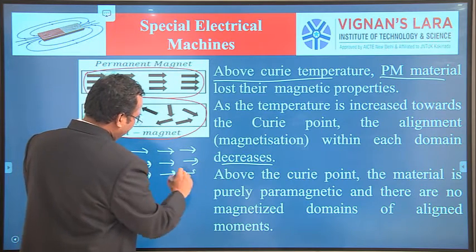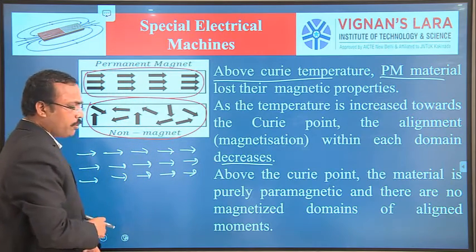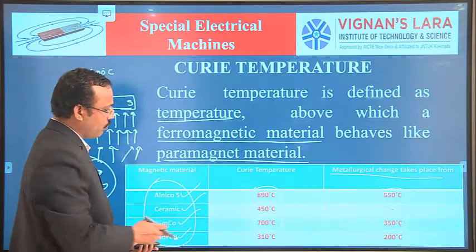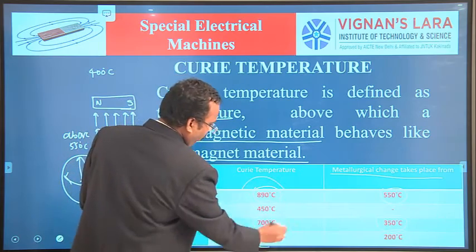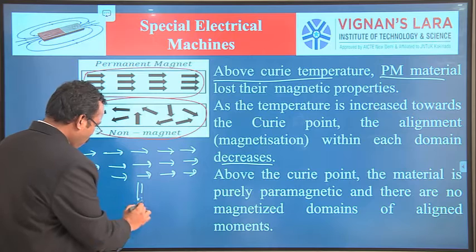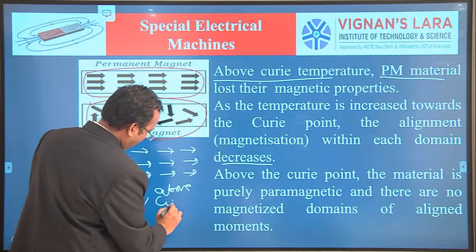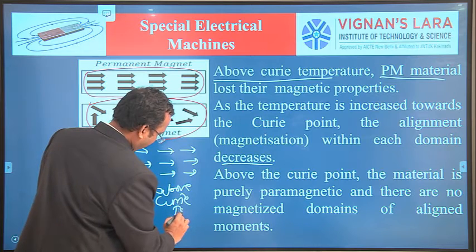So this magnetic material is subjected to a temperature above the Curie temperature. What happens?